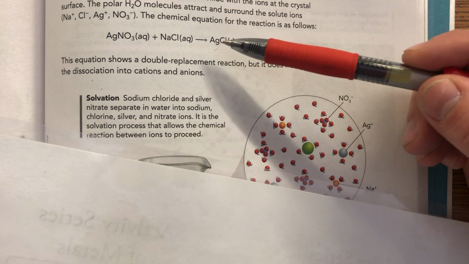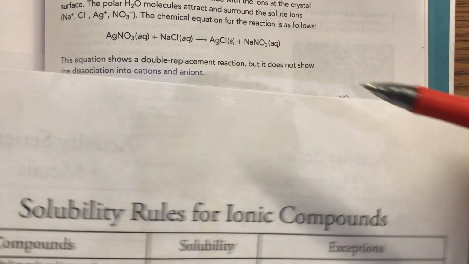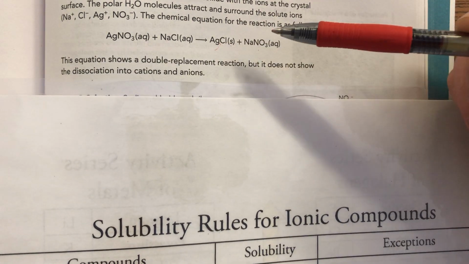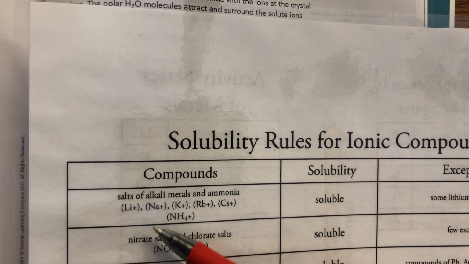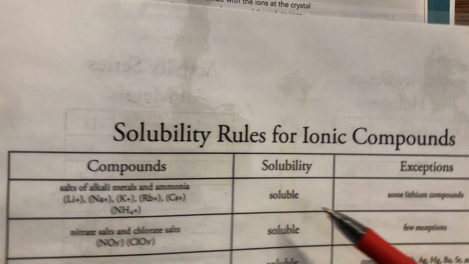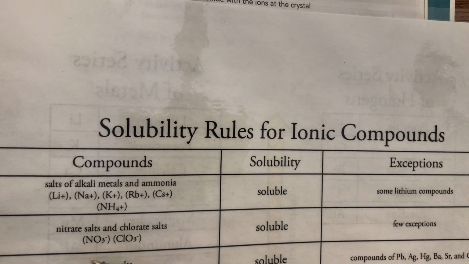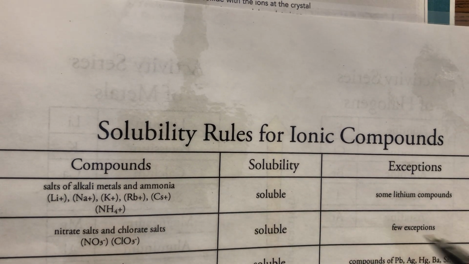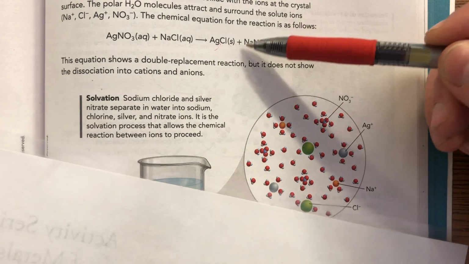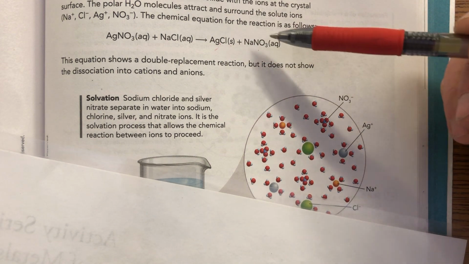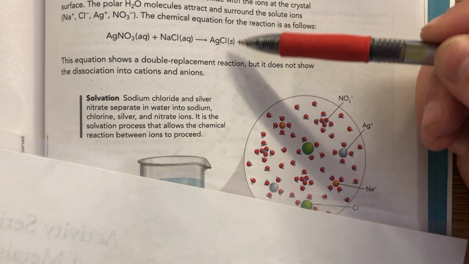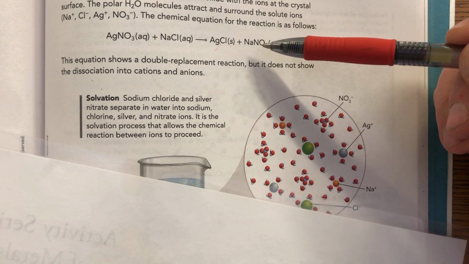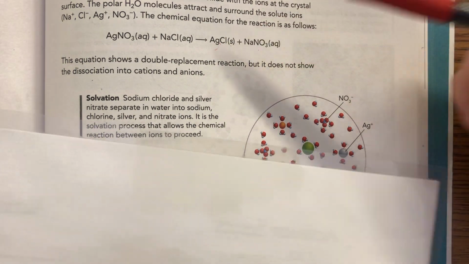It's going to be insoluble, it's going to fall out of solution. So that assumes that sodium and nitrate are both going to be aqueous. Right here we have sodium, and it's soluble with very few exceptions, and nitrate is soluble with very few exceptions. So basically we know that this is going to be in solution still. It's not going to combine to form a solid, but this will, because it's insoluble.